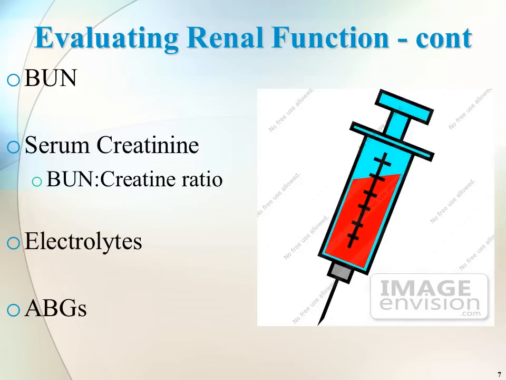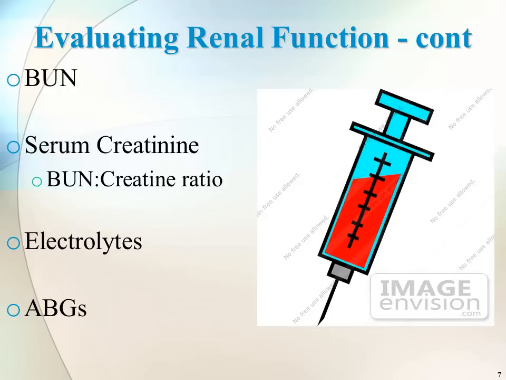Since urea is filtered by the glomerulus, BUN levels increase as GFR decreases. So think about that. Urea is filtered in the glomerulus, and as the filtration rate goes down, BUN goes up.